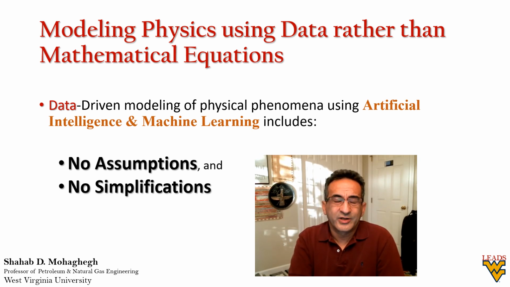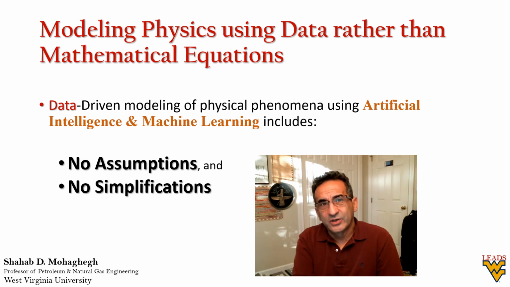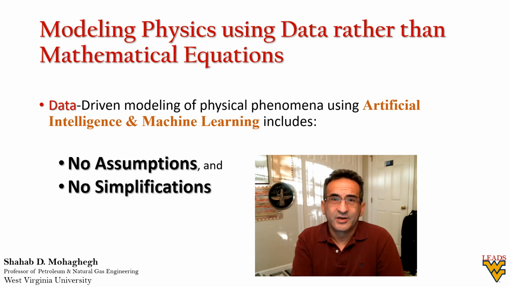And these two are the main key differences between building a model for the physical phenomenon using AI and machine learning through data versus using traditional approaches, where the more complex the physical phenomenon becomes, the more assumptions you end up making in order to build the model.